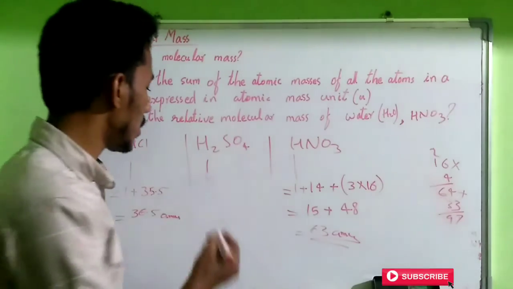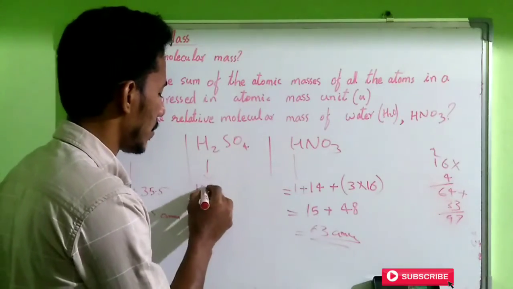Okay, what is the atomic mass of hydrogen? 1. But here there are 2 hydrogen atoms, 1 into 2.